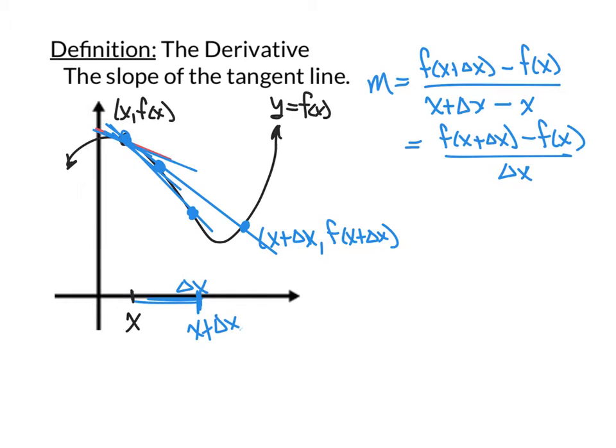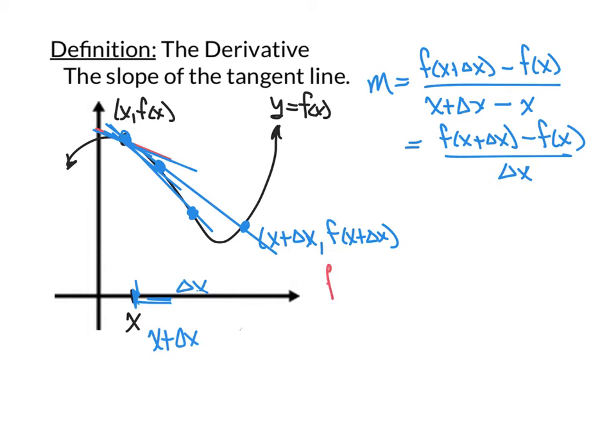But as we move that point closer and closer to the original point, in essence, what we're doing is letting that delta x get smaller and smaller and smaller until that x plus delta x lands right on top of our original x. Well, what that means for us is that delta x, that actual distance, has gotten so small that it's actually 0.